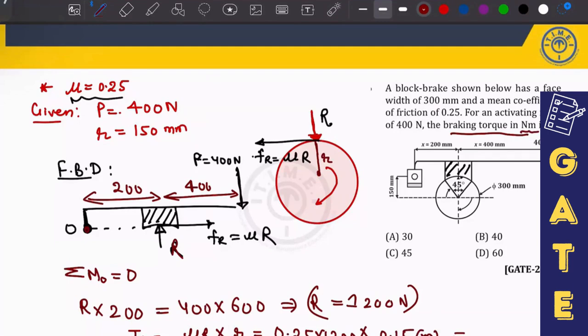Can you please tell me what this value is? Yes, 45 Newton meter, and this will be the right answer. 45 Newton meter. That means option C.